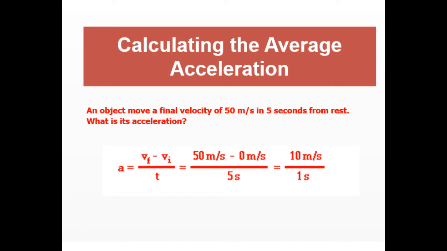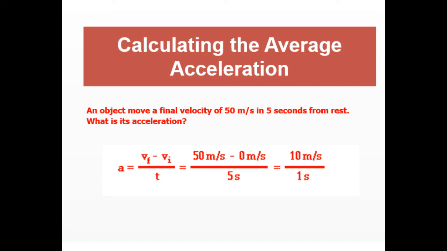Utilizing the formula, Vf, V final, minus V initial: the final velocity is 50 meters per second minus the initial velocity, which is 0 meters per second since the object starts from rest, divided by the time, which is 5 seconds. So the result is 10 meters per second squared.